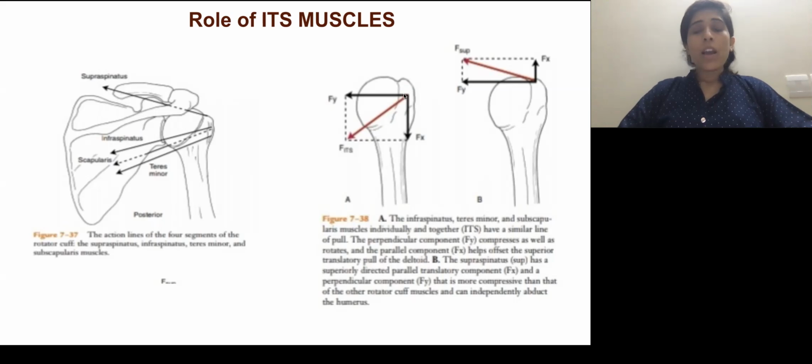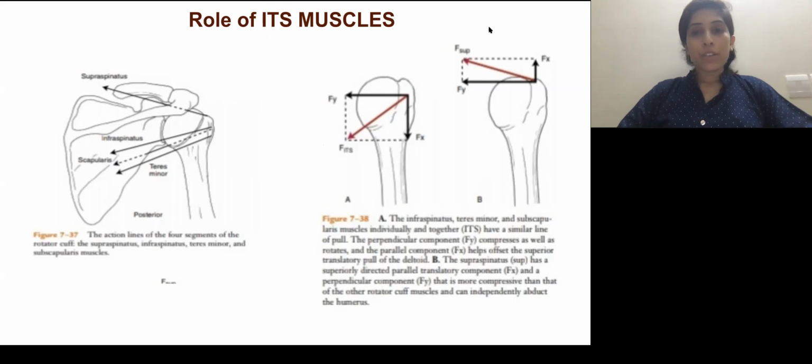Now this Fy will help the deltoid in the production of rotation motion. As we all know, the subscapularis has a role in medial rotation, whereas the infraspinatus and teres minor help with lateral rotation motion.